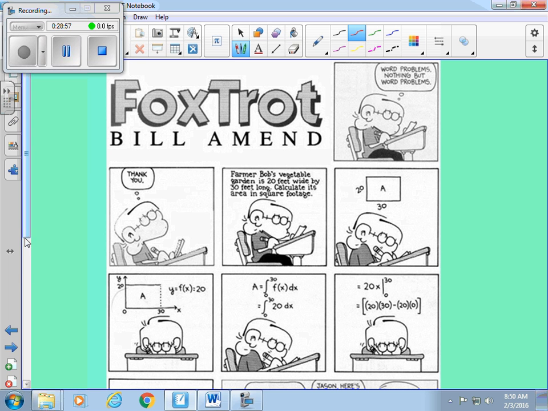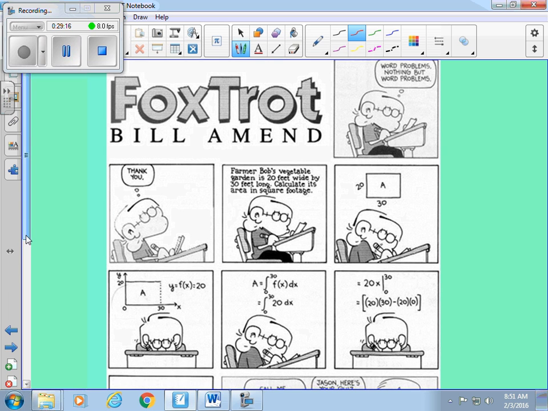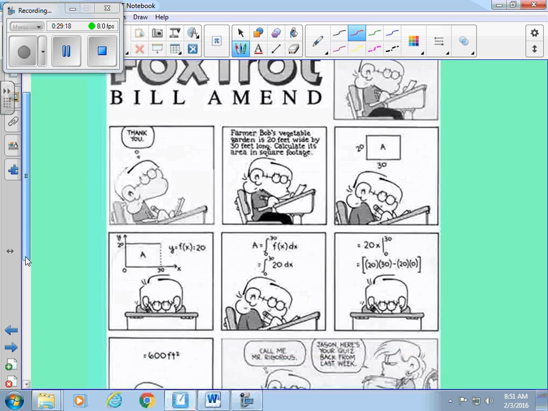It's a cute little cartoon if you want to read it really quick. Then we'll go to another one. Sometimes we do that in calculus, don't we? Overthink things a little bit. He's got to find the area of a rectangle and he integrates it.